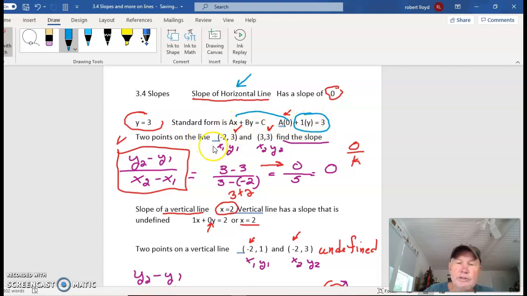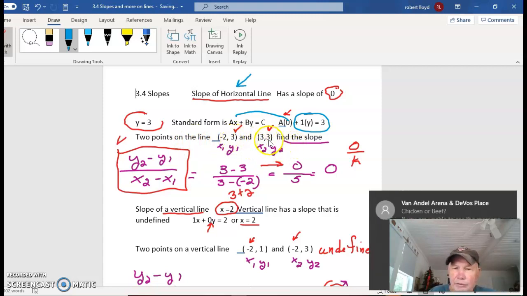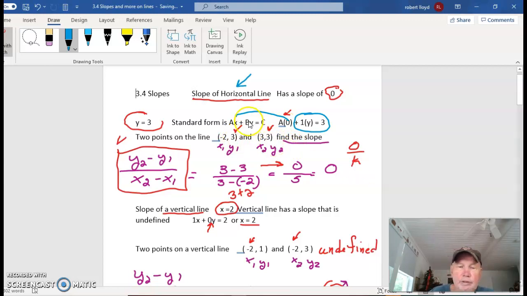So let's see why the slope is 0. If we have 2 points that are on that line, negative 2, 3, and 3, 3, you'll notice that the y values are the same. When we plug these points into our formula for the slope, y2 is 3, y1 is 3, so when we subtract those, we get 0.